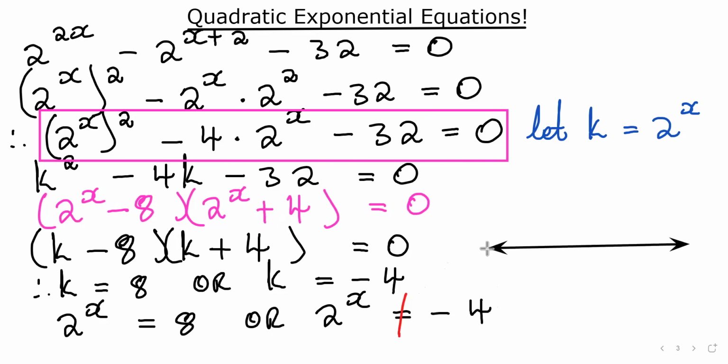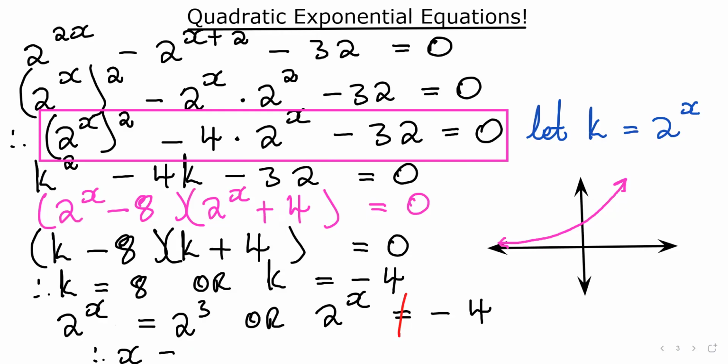Well, for the simple reason, 2 to the x is an exponential function that is increasing, and it's always above the x-axis. So it can never be negative. That's why we say, no, that's not possible. Right, and then of course, this 8, you can just write it as 2 cubed, and the value of x will simply be a beautiful 3, like that.